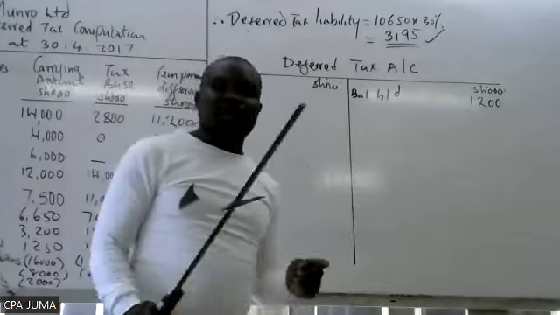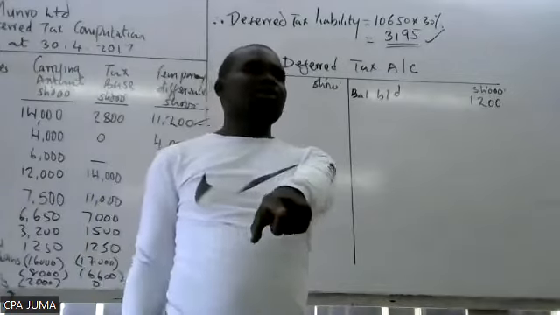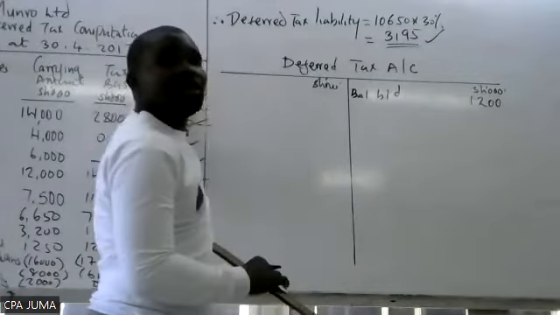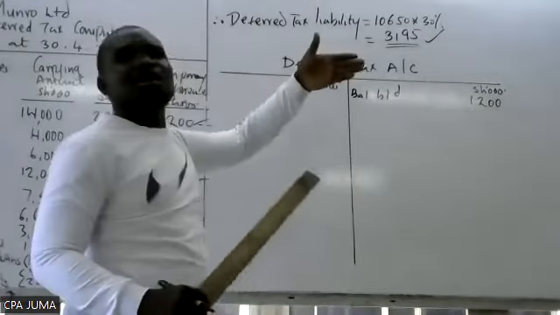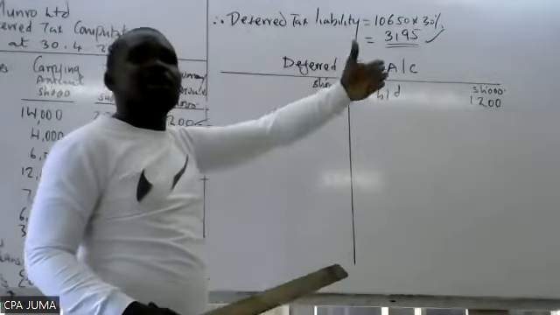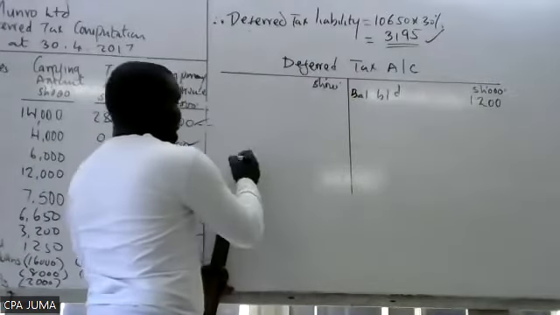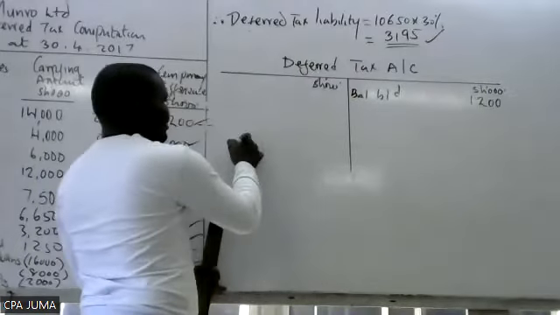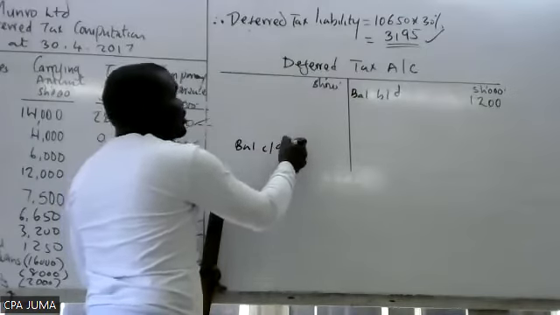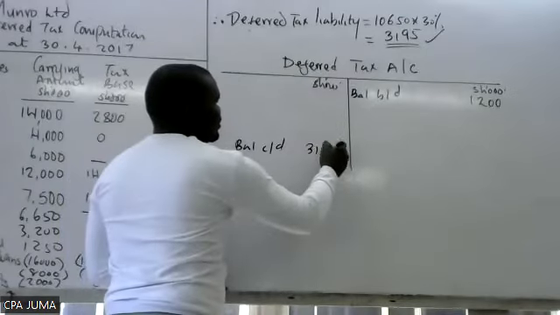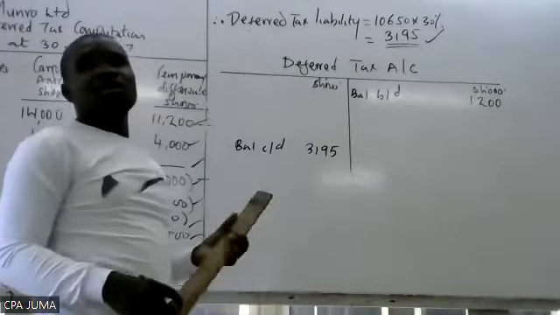Then at the end of the year, because the balance sheet is prepared at the end of the year, all these transactions we have been dealing with, the carrying amounts, were at the end of the year. So at the end of 2017, we have determined a balance carried down of how much? 31,95.